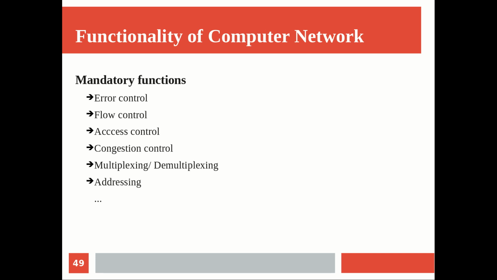So let's start with mandatory functionality. Some of the terms will be familiar to you, and others we will see very soon. First, error control, something we already came across in our data communication classes. Whenever you try to send some information over the network, definitely errors will be there.